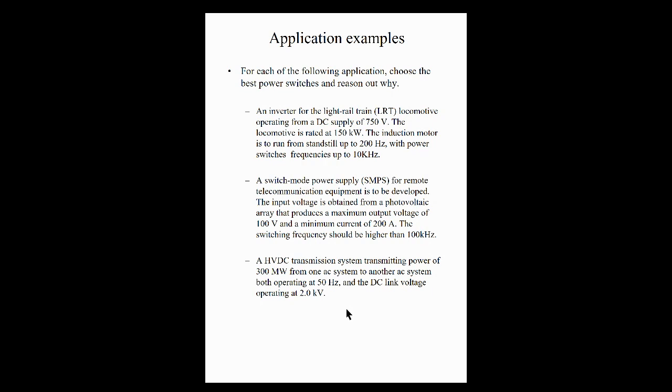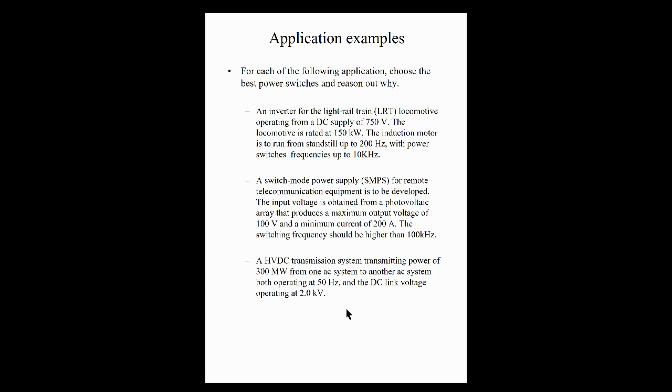So LRT, locomotive operating from a DC supply of 750 volts. The locomotive is rated at 150 kilowatt, right? So the induction motor is to run from standstill up to 200 hertz with power switches frequencies up to 10 kilohertz.